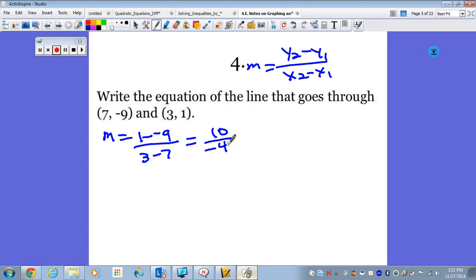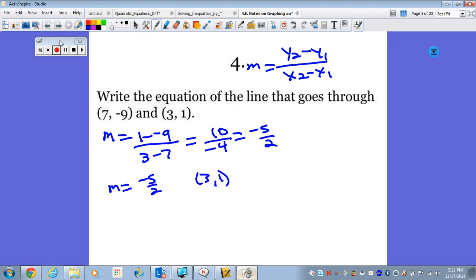I'm going to simplify it down because anytime you can simplify a fraction down, it makes your life much easier. Okay, so it reduces down to negative 5/2. Now I'm going to take this and one of the two ordered pairs and write my equation. I'm going to use the smaller one because the smaller the numbers, the better. Why work harder than you need to?